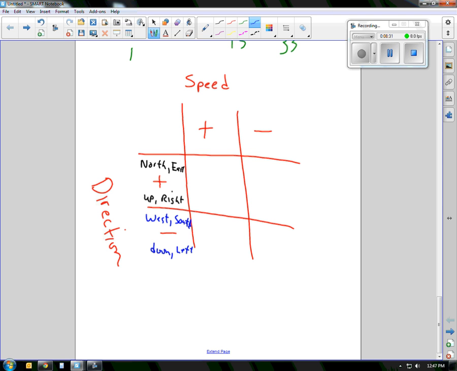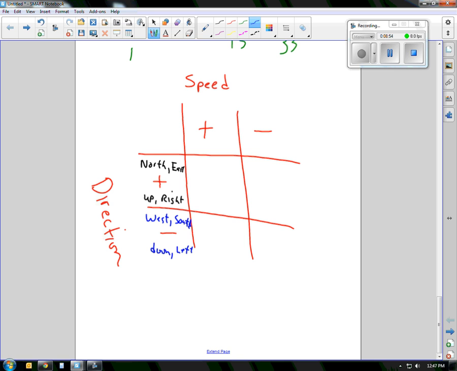In math, when you have two of the same thing, so let's say you're multiplying a positive number by a positive number, you're going to get a positive number. When you're multiplying a negative number by a negative number, you're going to get a positive number. So in this little chart, you have to remember that when they're the same, it's going to be positive.